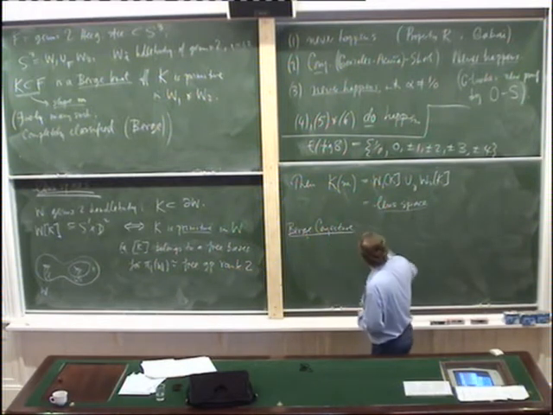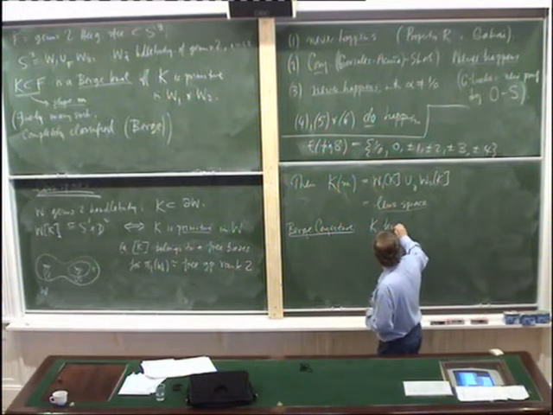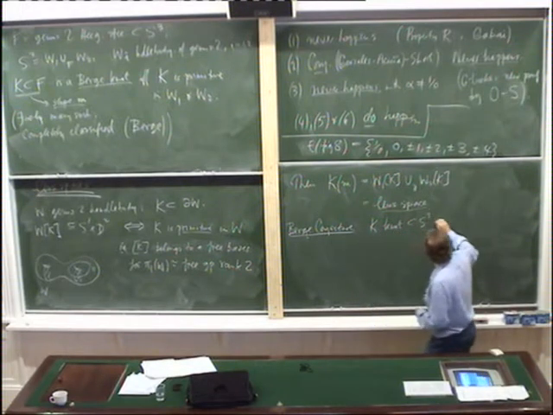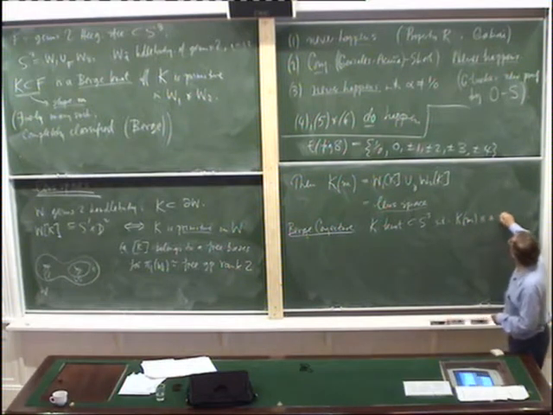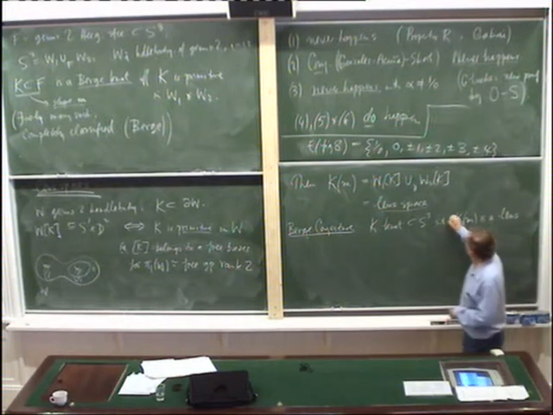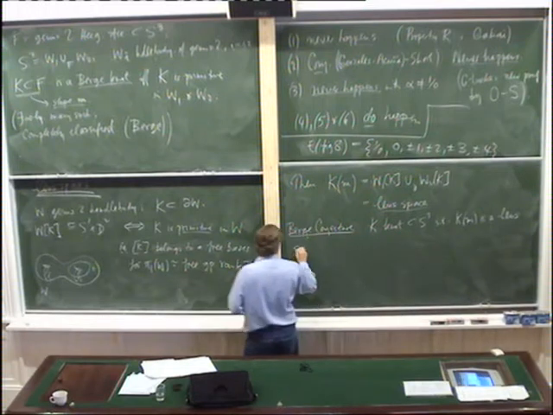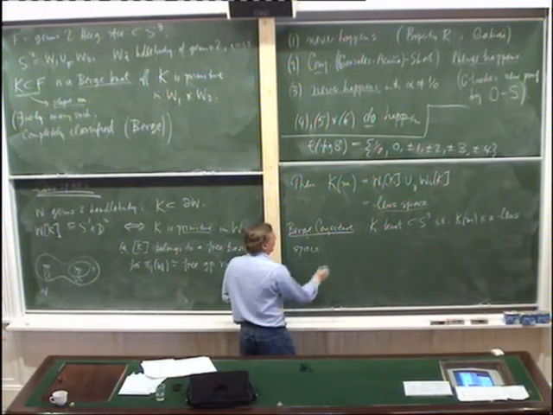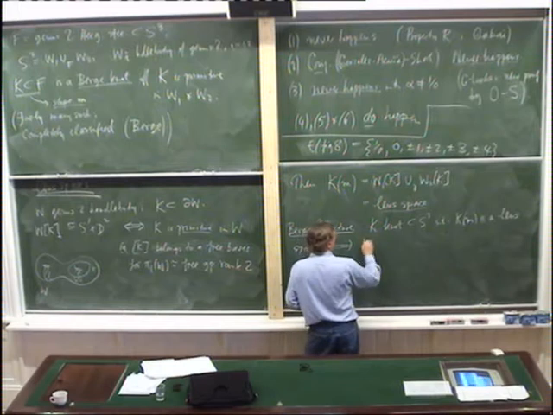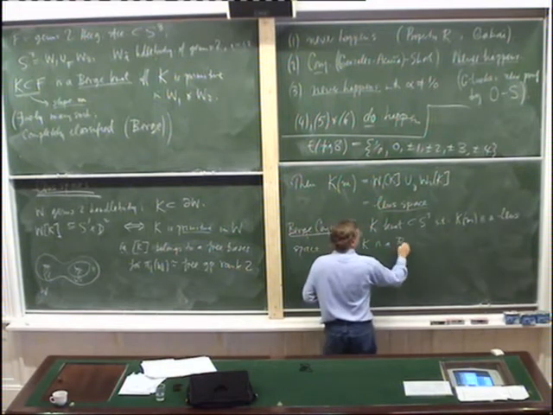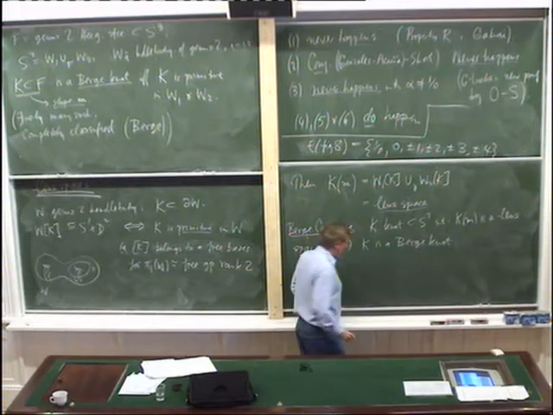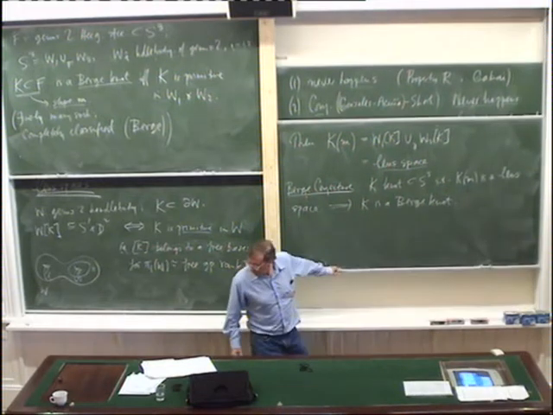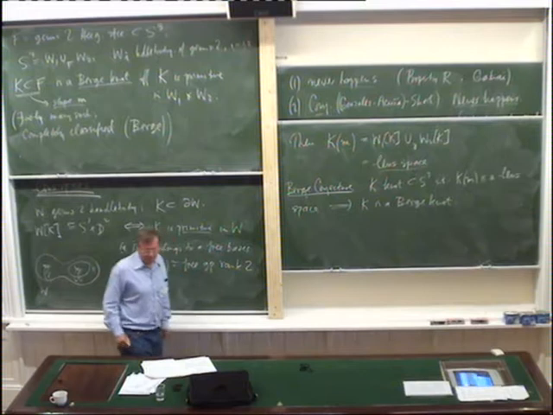So if K is a knot in S3 such that K(m) is a lens space for some integer m, then that should imply that K is a Berge knot. So these are the only ones. This is the only show in town, probably.